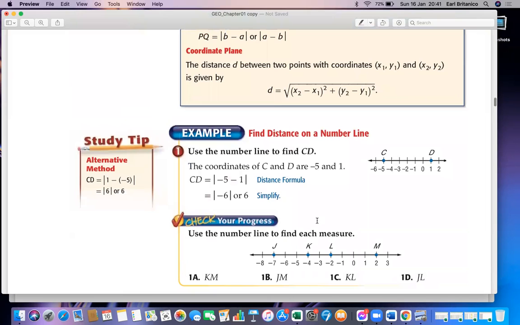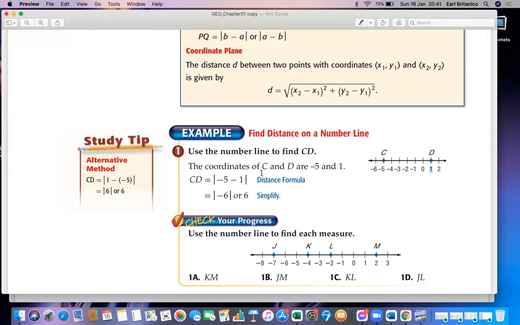So for example, here, find the distance from C to D, or use the number line to find CD. When you say CD, it means from C to D, okay? So what is the coordinate of C? It's -5. What's the coordinate of D? It's 1. So these are the two numbers that you subtract. Either way you want to subtract them, it's fine.